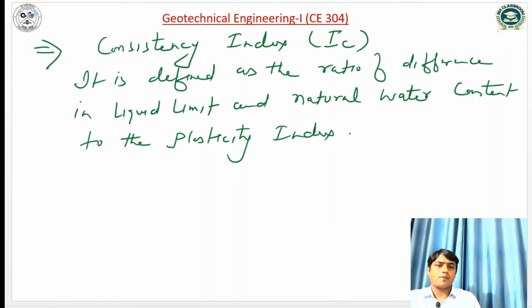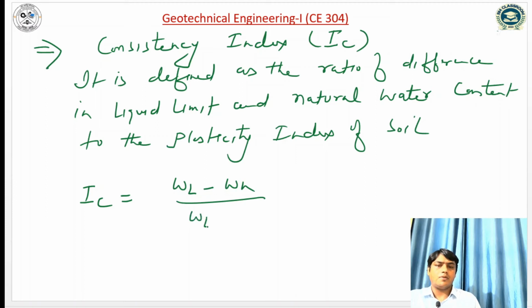So consistency index can be written as IC is equal to (WL - WN) divided by (WL - WP), or we can write (WL - WN) divided by IP.